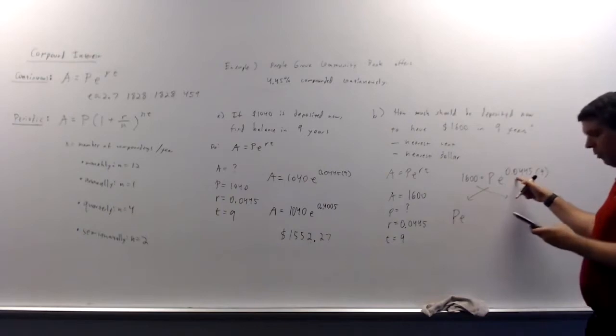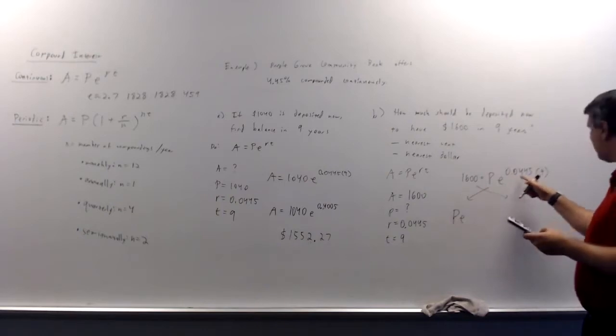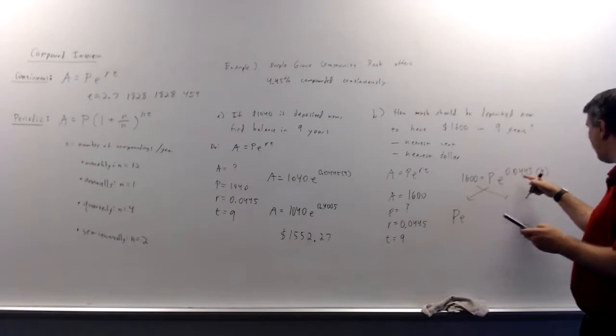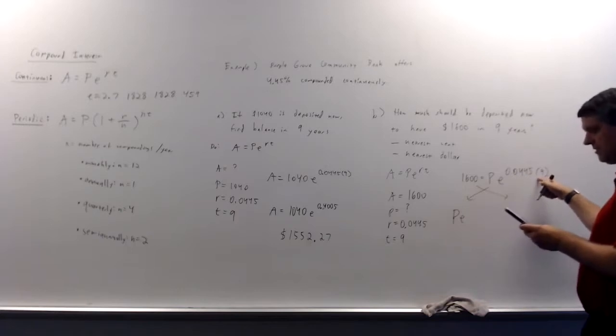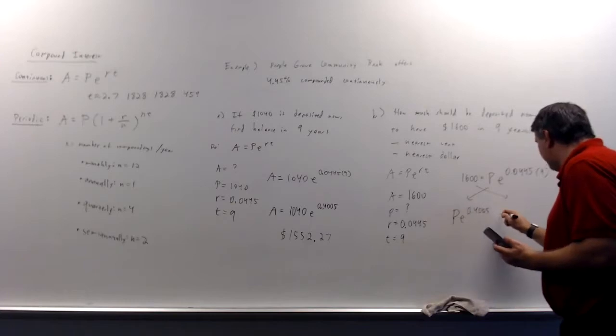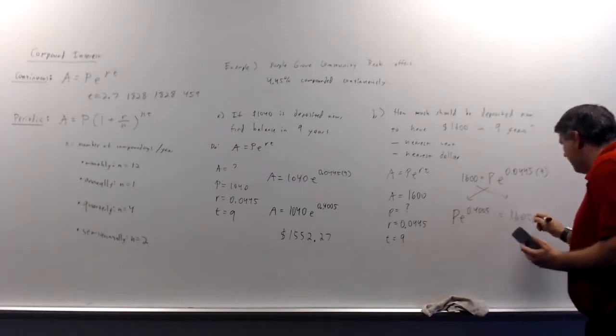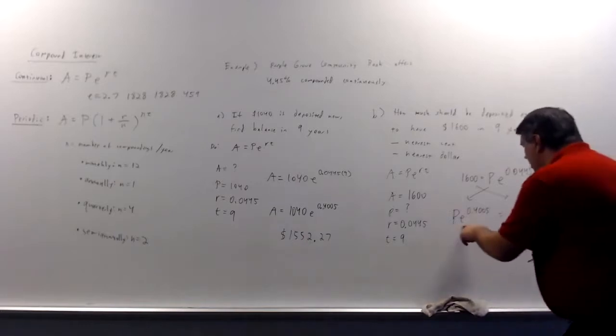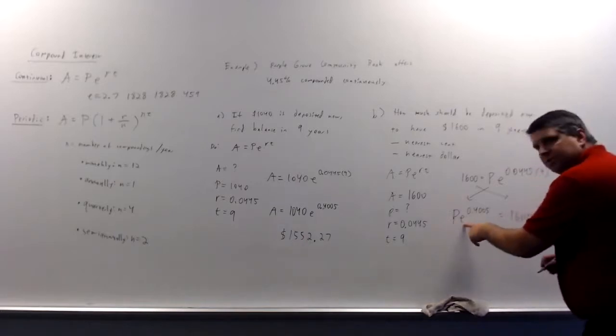So 0.4005, 0.0445 times 9 gives me 0.4005 equals 1,600. Now, my goal is to undo, I got P times this e to something.